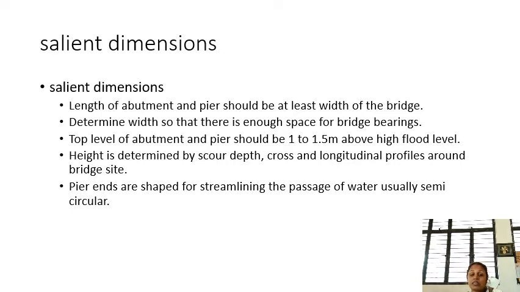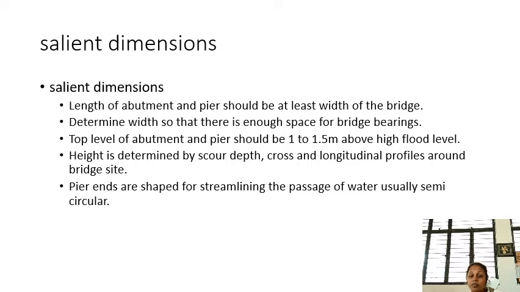Pier ends, which are shaped for streamlining the passage of water, should preferably be semicircular, so that the cutwater is proper and the pier foundations won't be disrupted. So these are the salient dimensions we should look into when considering the abutment or the pier.